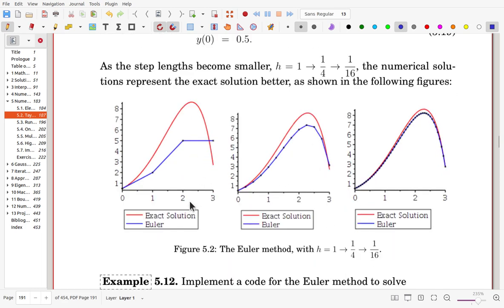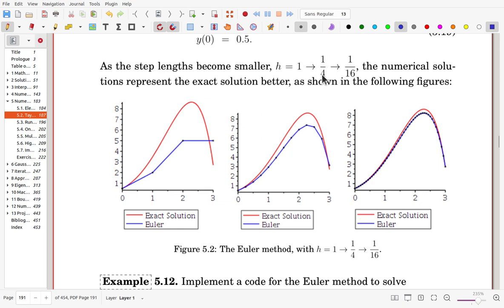Here, the red curve is the exact solution, and the Euler method is producing the blue curve. When h is 1, it is here, and the solution is increasing rapidly, then slower, and goes down rapidly, then also down more slowly, so that at the end, the Euler method produces a larger value.